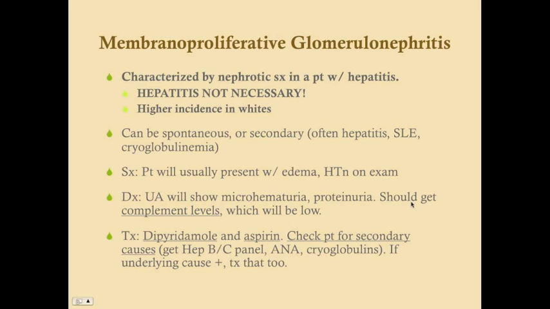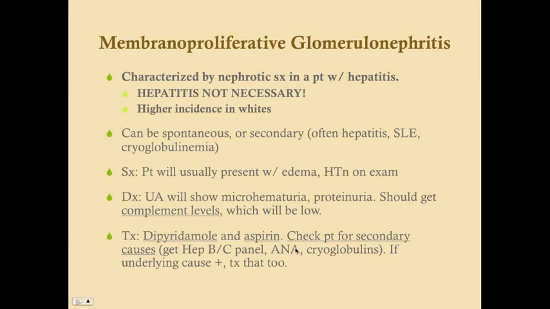And so you should get, apart from a 24-hour urine protein, complement levels on these patients, which will be low. And your complement levels, when they're low, will help you diagnose the membranoproliferative glomerulonephritis. The treatment here is going to be dipyridamole and aspirin.